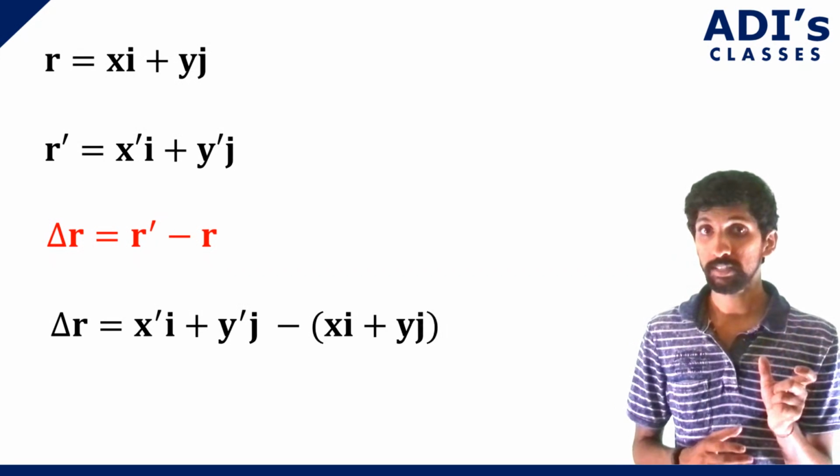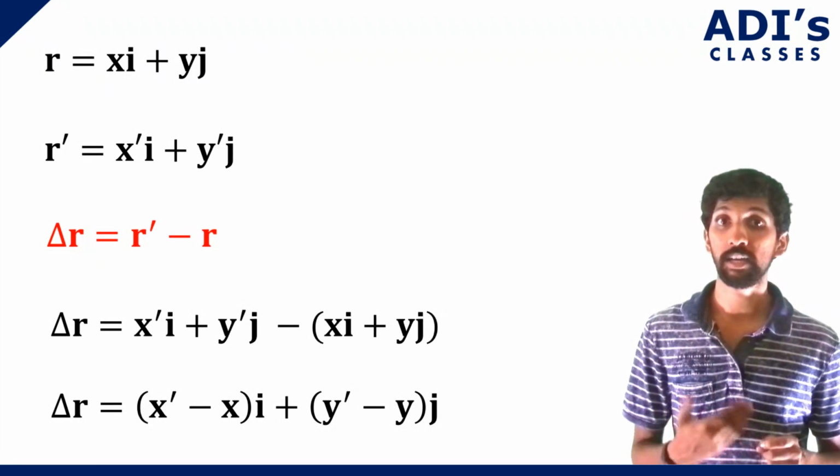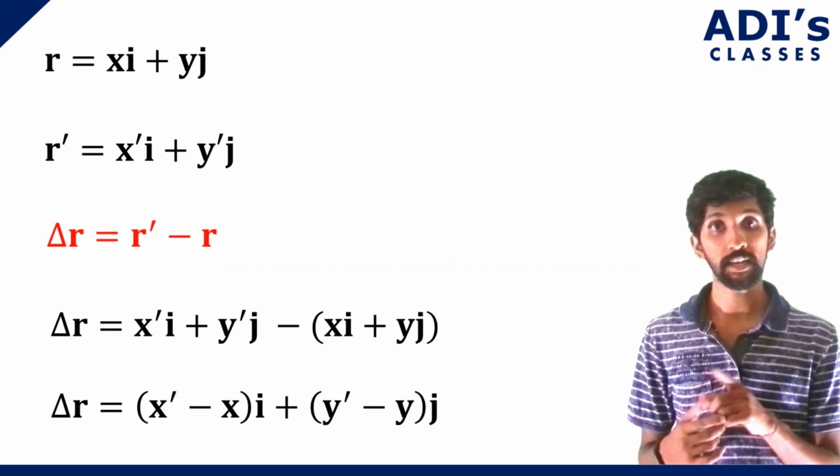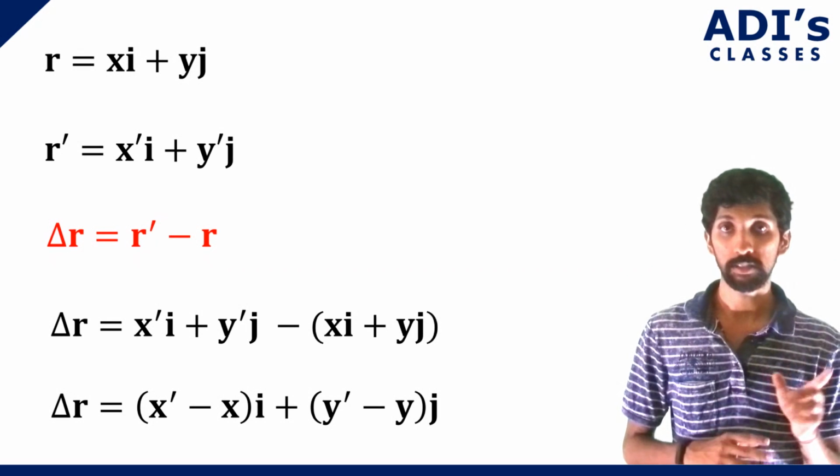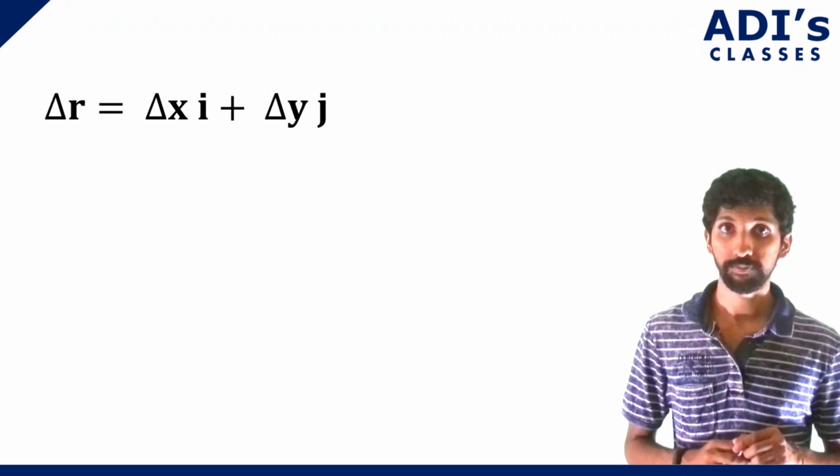Now that x dash minus x, that is how we define delta x, correct? So you get delta x into i plus delta y into j. Now this is your delta r value, correct?